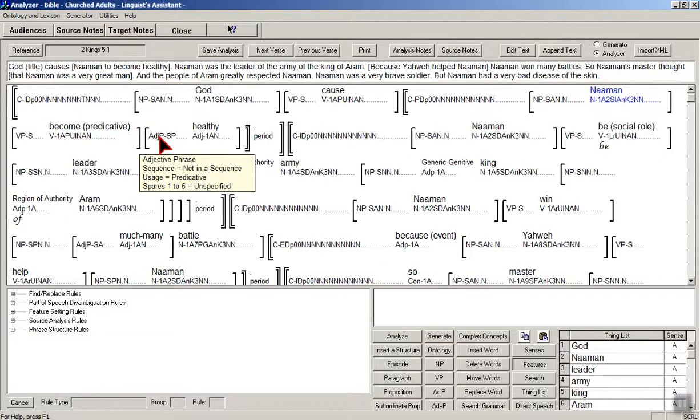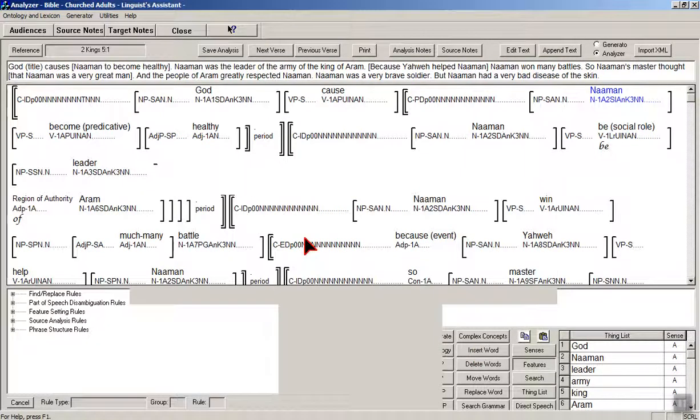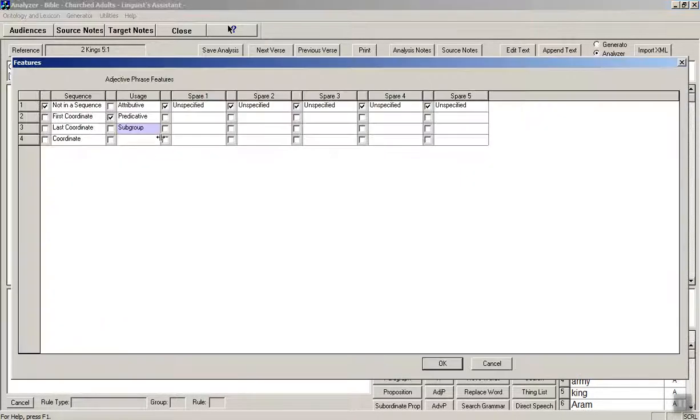Okay, so the adjective phrase, the main thing we need to make sure is the adjective phrase is predicative. It's not in a sequence, so this is just one argument here, healthy. And so you can see this from the letters. The S is for not in a sequence, and the P is for predicative. If we click on the adjective features, you can see the different choices.